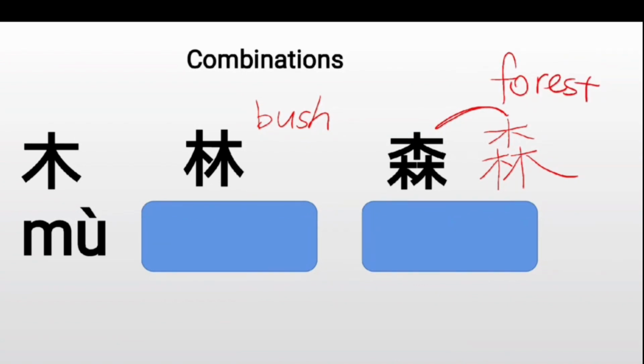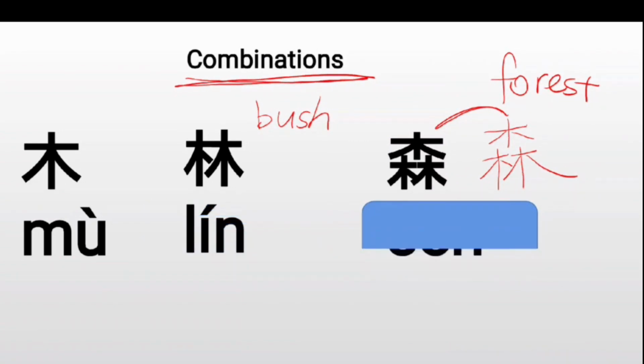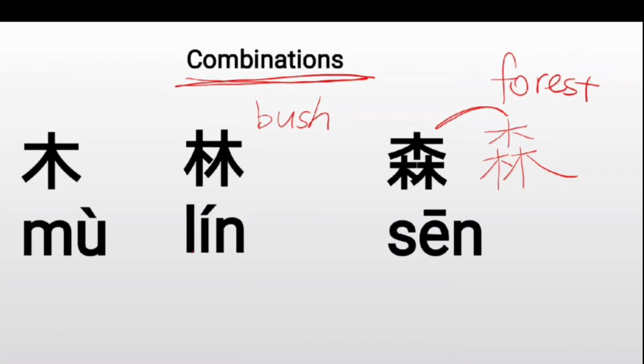Now, you know the meaning of these Chinese words? This is developed by combinations, by putting one mu together twice or three times. The only thing we need to know now is the sound of these words. So, you can try to spell it. L, in, lin, and s, en, sen. Lin, lin, sen.